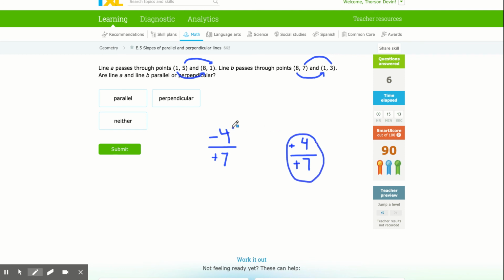This is a negative 4/7. Well, if they're not exactly the same, they're not parallel. If they're not opposite in sign and flipped upside down, one from the other, then they're not perpendicular. This is neither. You're going to get a lot of ones that have the same ratio, 4 over 7, 4 over 7, but one's negative and one's positive. That would always be neither.